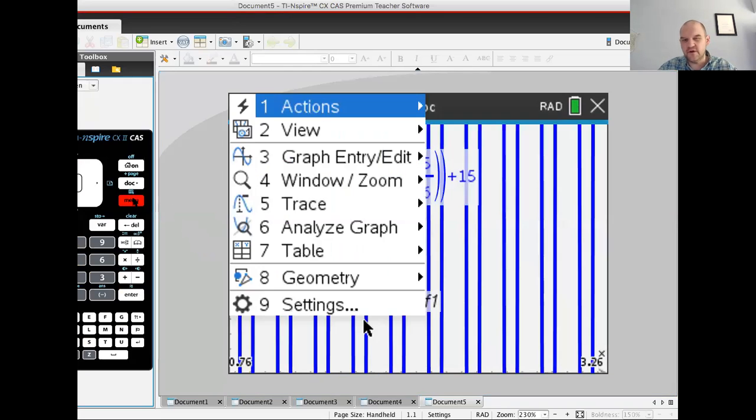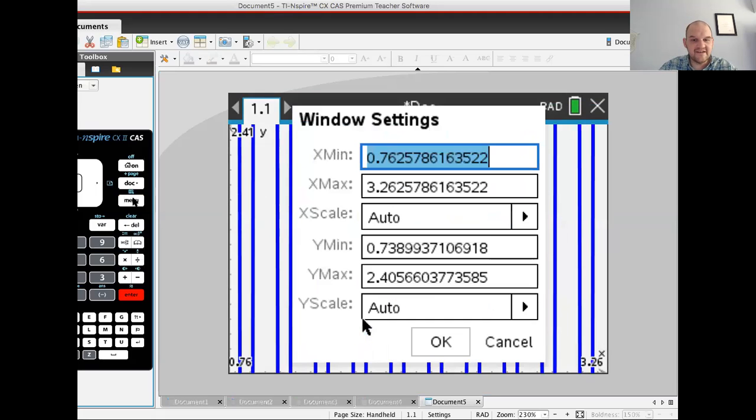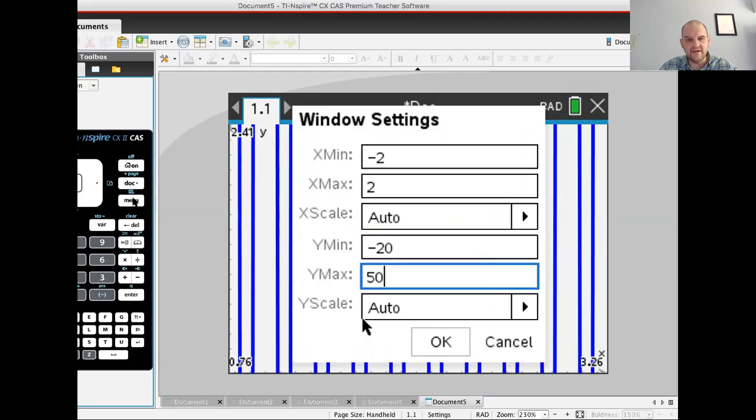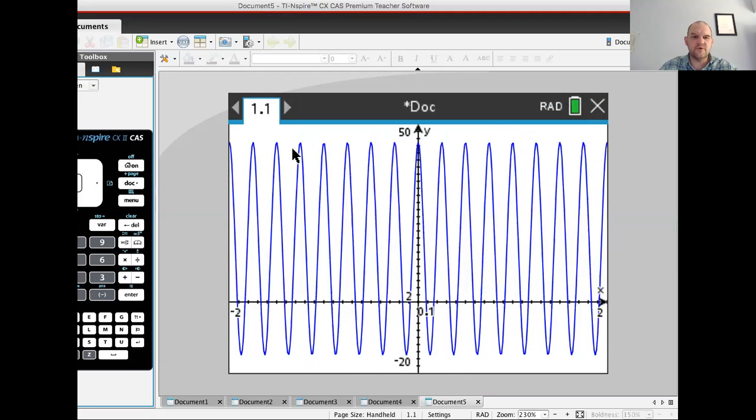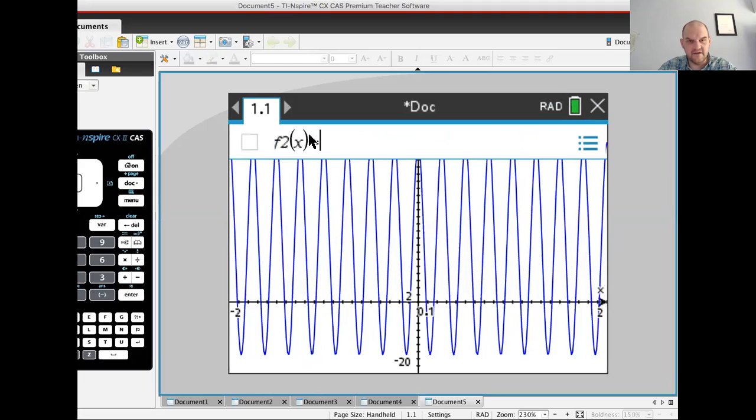Maybe I'll be more thoughtful about the window. So settings, let's just go negative 2 to 2. On the y-axis, I know it's 15, and I can go up 30, and down 30 is negative 15, so let's go negative 20, and 15 plus 30 is 45, and I'll just add 5. Give it a little padding, you know? Pretty okay. Still seeing a ton.